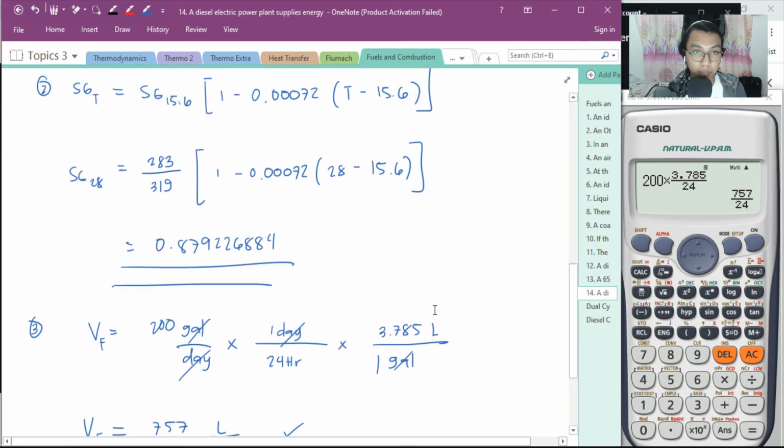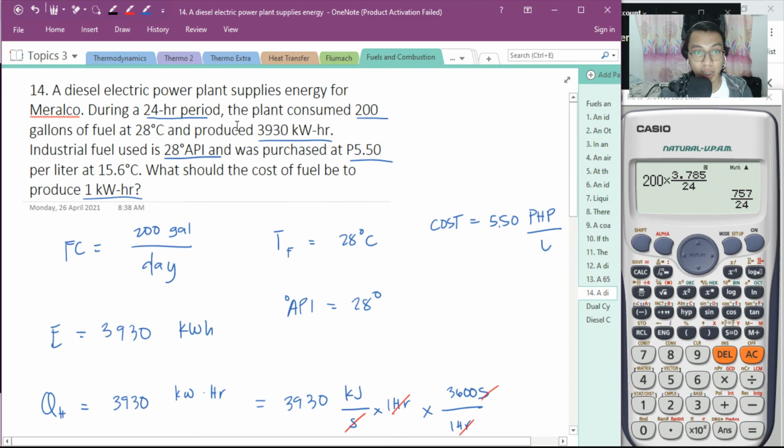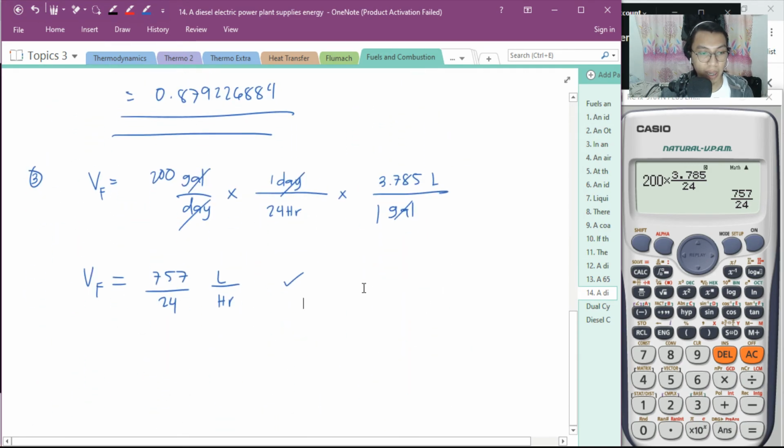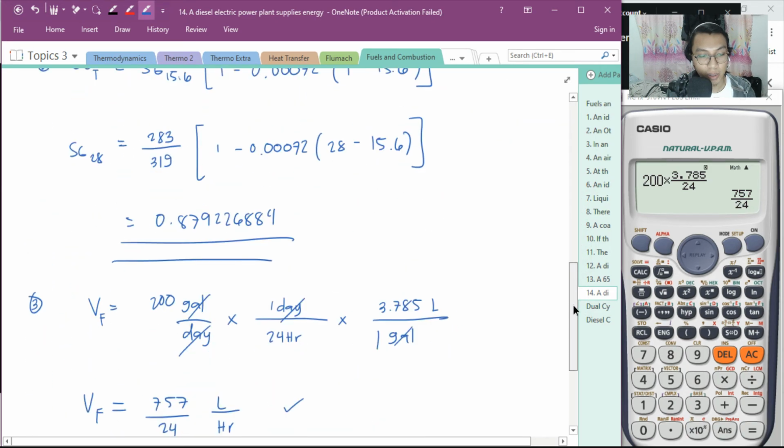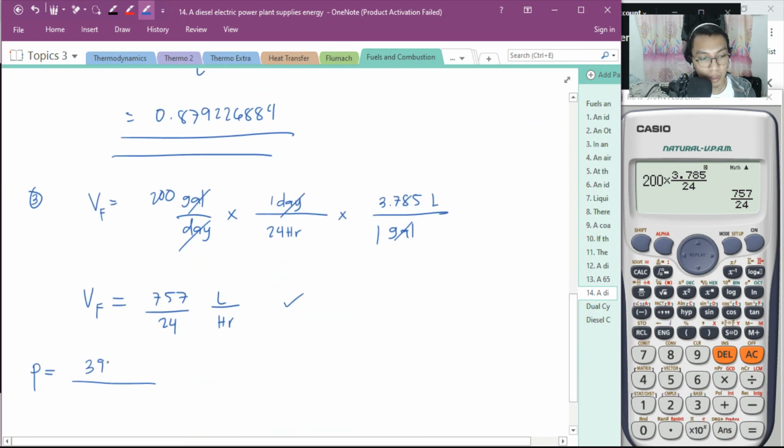Tapos, ito daw yung produce niya. Okay? Yung power. Merong power dyan. So, yung power na produce niya, paano makuha? Okay? So, 3930 kilowatt hour in 24 hours. Hanapin mo ilang kilowatts.